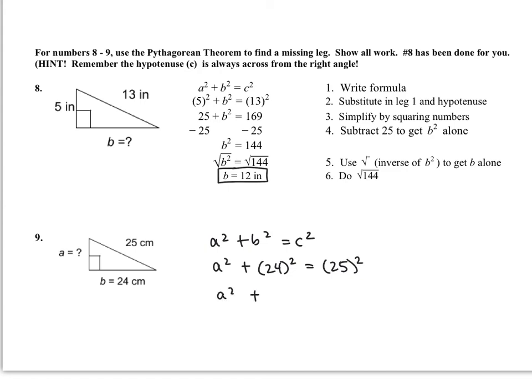I could use a calculator for this. 24 times 24 is going to be 576, and 25 times 25 is going to be 625. I would then subtract 576 from both sides, leaving me with a squared equals 49, and then I would square root because that's the inverse of squaring, which would mean that my leg a would equal 7 centimeters.